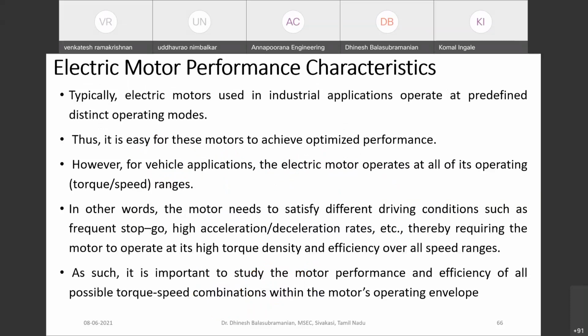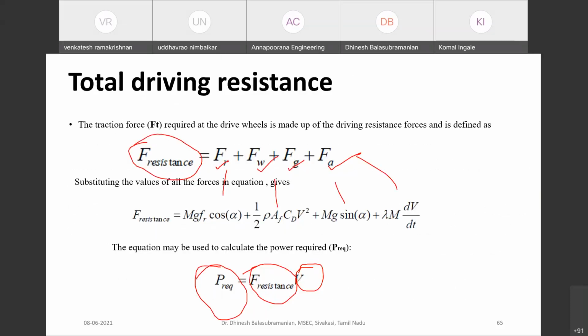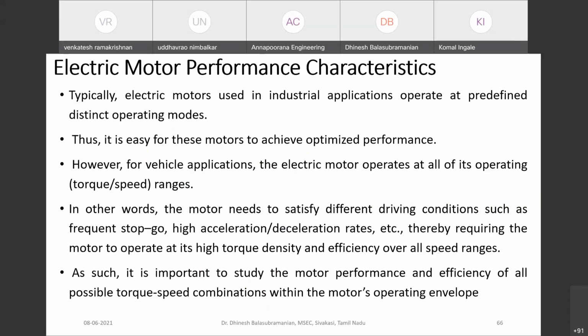I hope now you are able to understand how an electric motor is chosen for any internal combustion engine based vehicle or your electric vehicle. This is how an industrial person would choose an electric motor for their propulsion. They need to calculate the mass of the vehicle, the road condition, the aerodynamic force the vehicle is going to face, and the gradient your vehicle is going to move on.